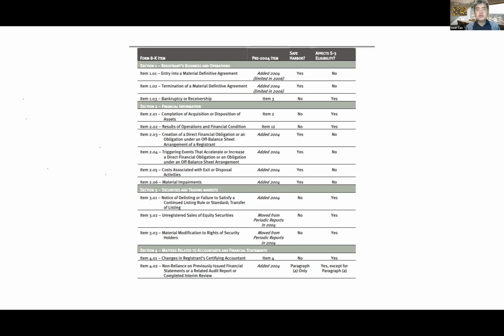The first rule I want to tell you is that after 2006, firms have to disclose events within 4 days of the occurring date of the event. So for example, if a firm signed a contract today and the contract is material, the firm has to disclose the contract within 4 days, starting from the date the contract is signed.